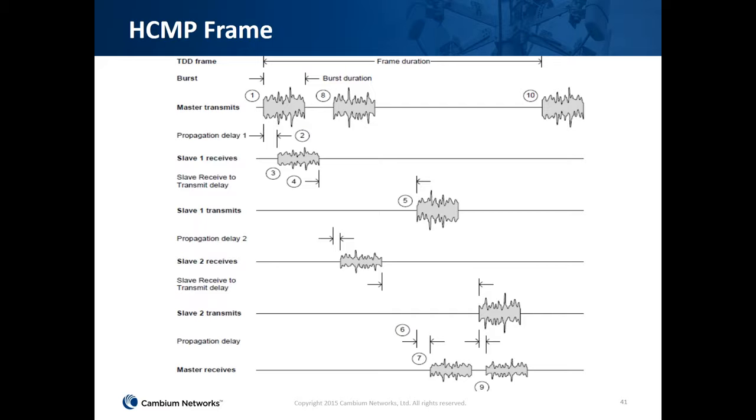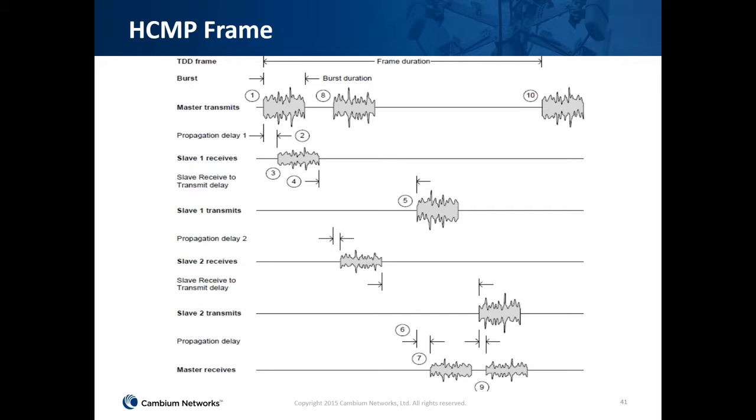There's a small delay which is due to propagation. After the second propagation delay, remote 2 receives it, and after that there's a small transmission delay, and then remote 1 transmits, at which time the master receives it, and then remote 2 transmits, and then the master receives it.